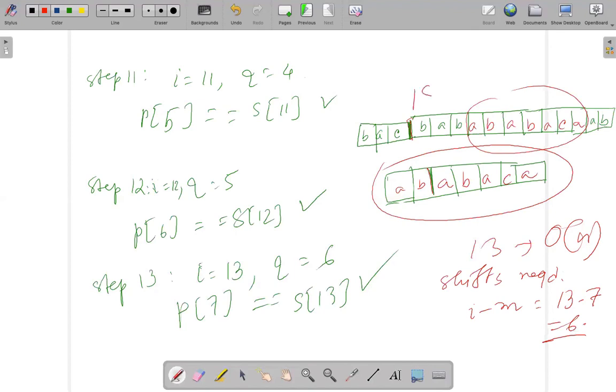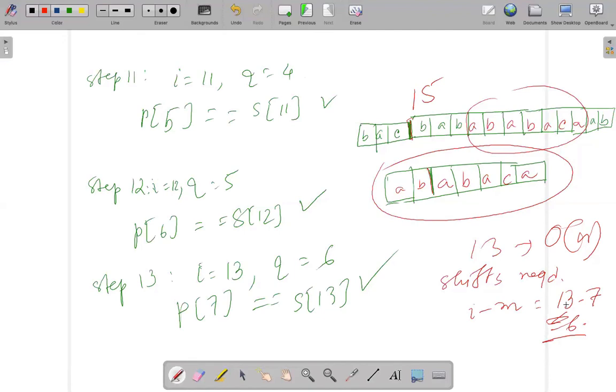So actually n is 15, but we had to go only till 13 to find a complete match of the pattern with the string. Okay, and then once this is done, one can again restart the process to find out the next part of the string where the pattern can be found.